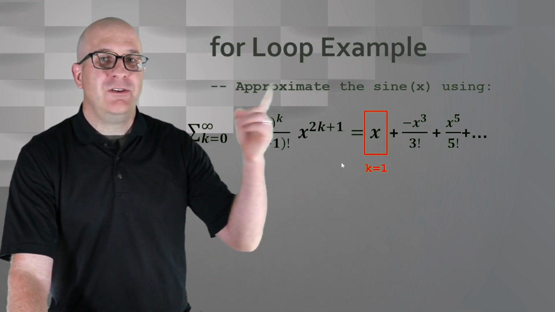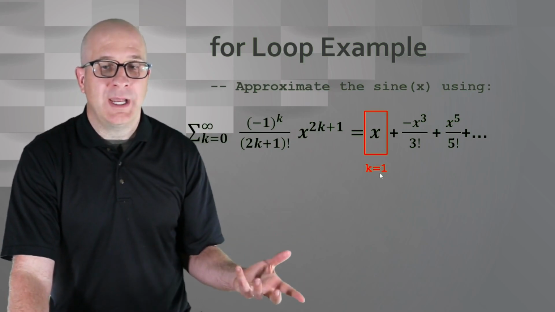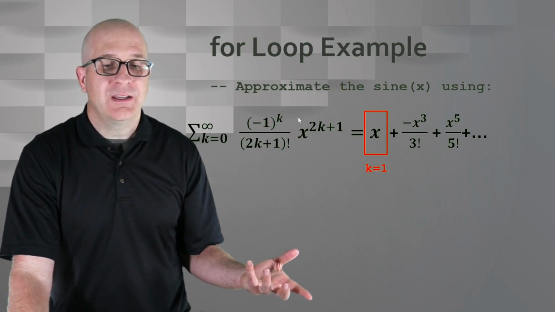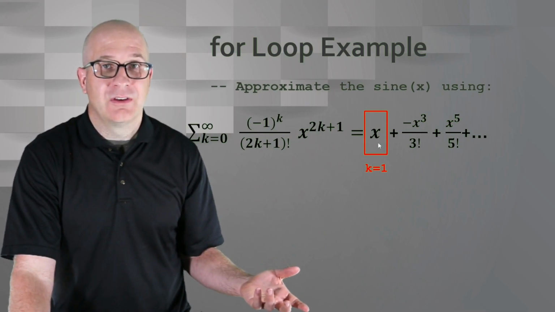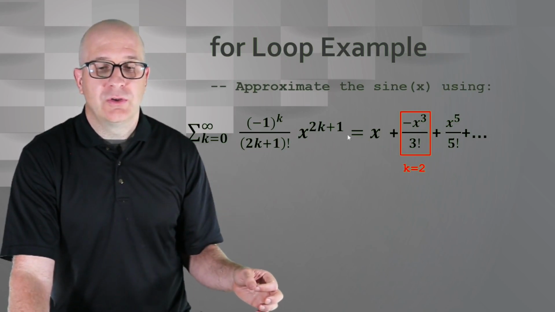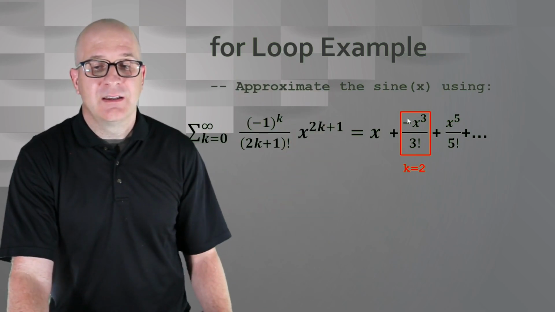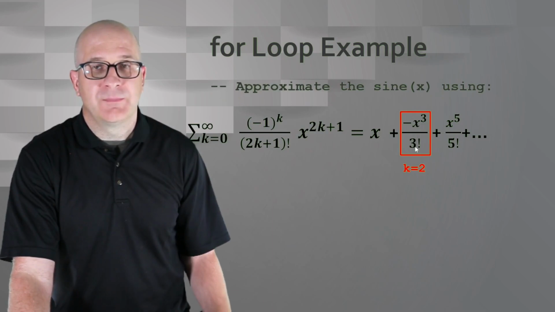In the first loop of this process, we're going to set k equals 1, and k equals 1 is going to give us a value from this equation of x. When we do the second loop, k equals 2, when we plug in k equals 2 here, we'll be adding a negative x cubed over 3 factorial.